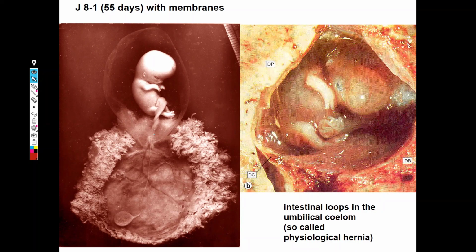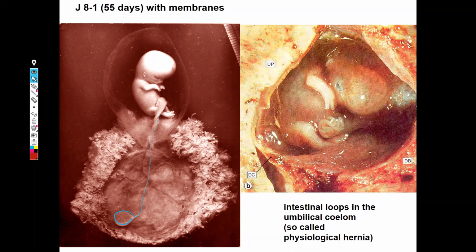We can see it also right here. There is an embryo. Here is a very, very thin omphaloenteric duct with the yolk sac over here, and this omphaloenteric duct is connected with the umbilicus. Also, this is the umbilical cord right here, this thick structure over here, and it's going together with this ductus omphaloentericus.